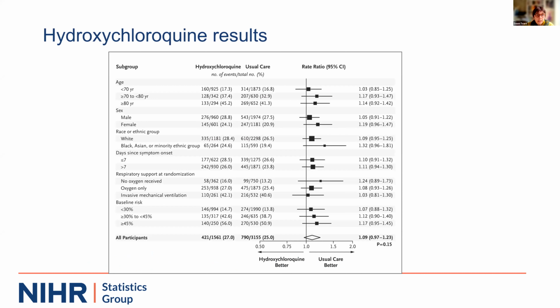So again, at the bottom, you've got all participants, and when they used a survival analysis appropriate method, their rate ratio showed that the point estimate was in the usual care direction, and the confidence interval just covered the null value. The confidence interval went as low as 0.97 in favour of hydroxychloroquine, but the p-value there was 0.15.